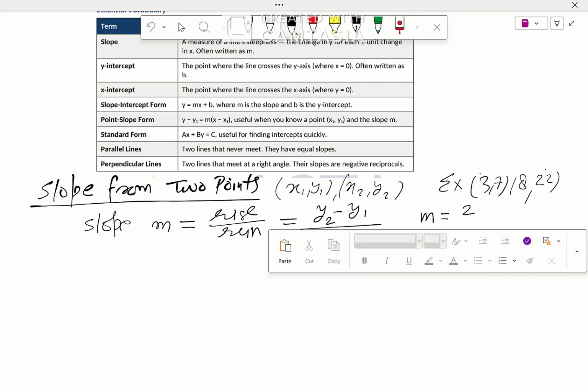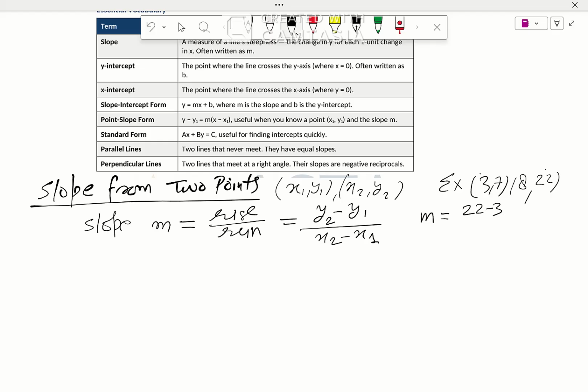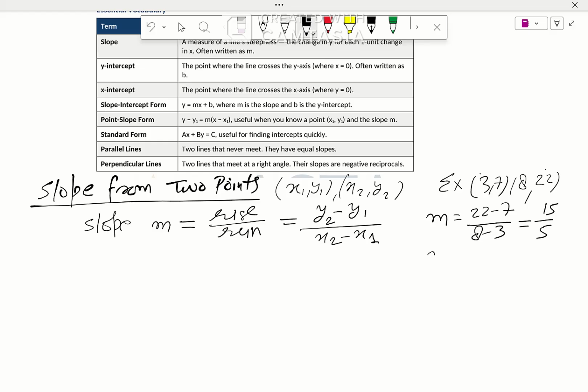So m is going to be 22 minus 7 divided by 8 minus 3. If you calculate it, it will be 15 divided by 5, so m is equal to 3. That is the answer for this example.